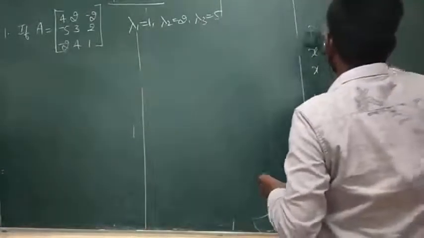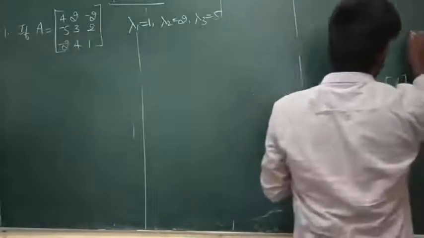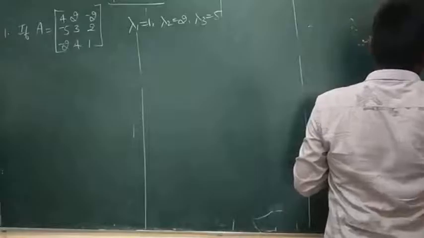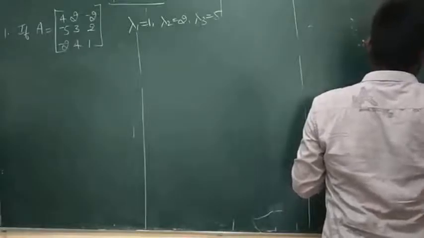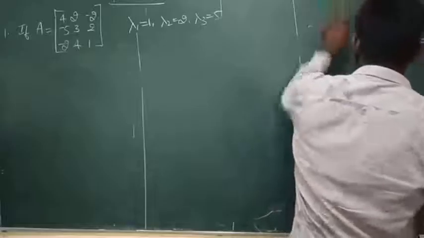This is x2. x2 is nothing but the eigenvector corresponding to the second eigenvalue, which is the column vector 1, 1, 2.